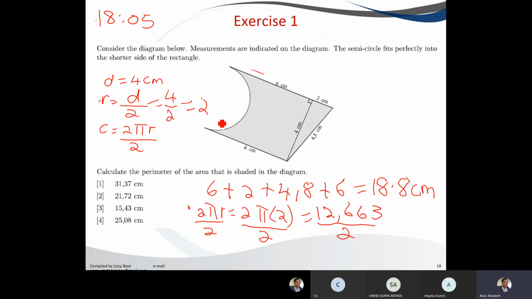Because if it was a full circle, then you would apply the same method that you did and add it there. And the answer you get is? So then that should be 6.331.